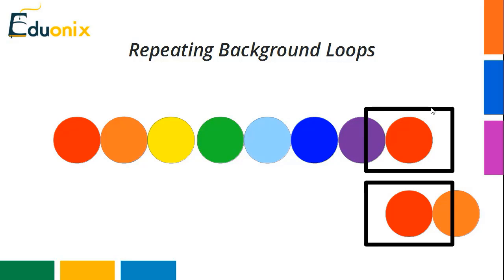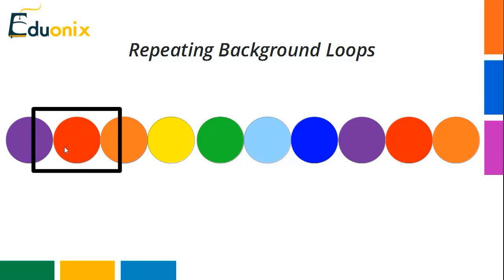So the thing we need to do is to have these two frames must look the same in order to make our loop continuous. So we're going to have purple in the first frame and orange in the last frame. And so we're going to have to set up our dots like this, so that there's purple at the start and orange at the end.